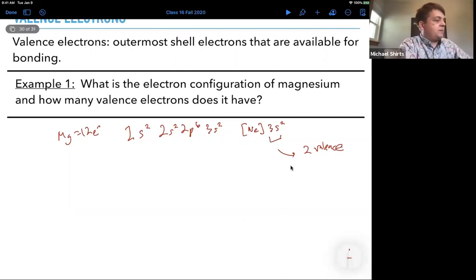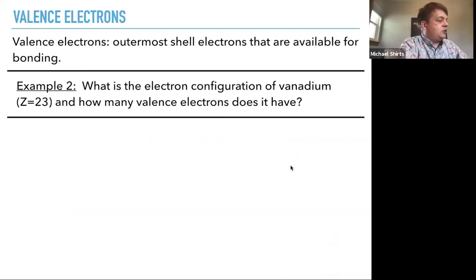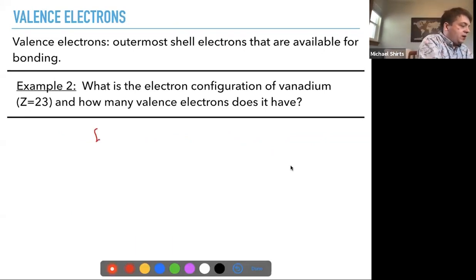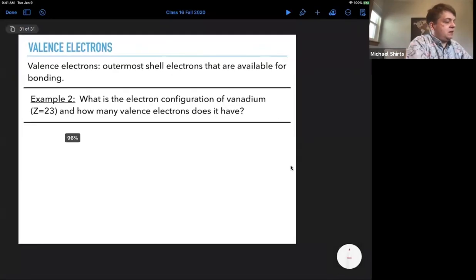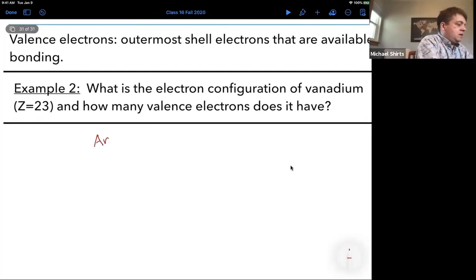Pretty straightforward there. Let's go up to a transition metal. What's the electron configuration of vanadium, Z equals 23? How many valence electrons does it have? Well, there are 23 electrons. Let's write a condensed formula since I'm kind of sick of writing so many electron orbitals. We'll start off with argon. Argon has 18. That's the noble gas closest below vanadium. So there are 5 more.